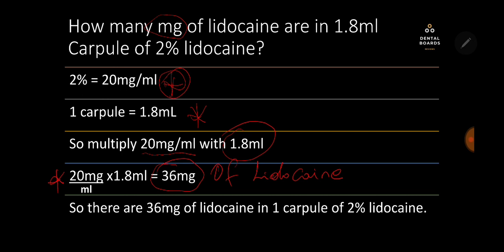If you are sleeping and somebody wakes you up and asks how many milligrams are in a 2% lidocaine dental capsule, you say 36 milligrams. So 1 capsule of 2% lidocaine has 36 milligrams. If you want to add up how many milligrams are in 2 capsules, then you multiply by 2. That's how you calculate it.